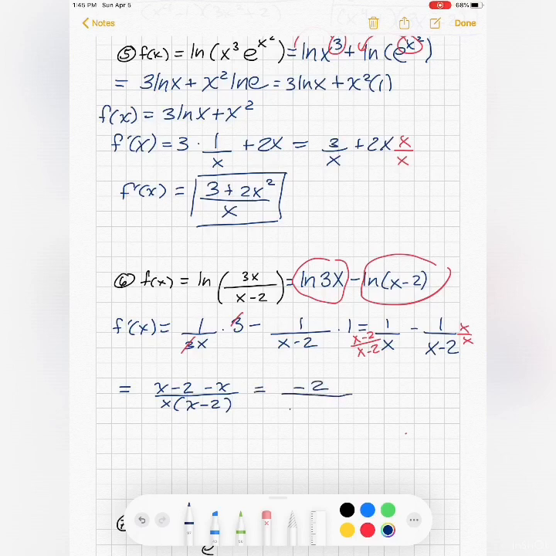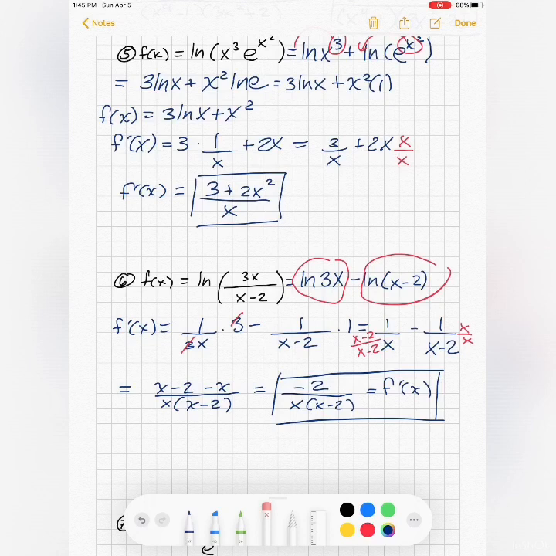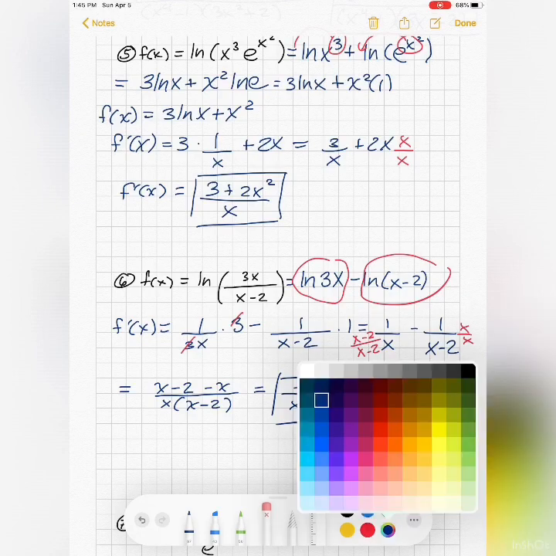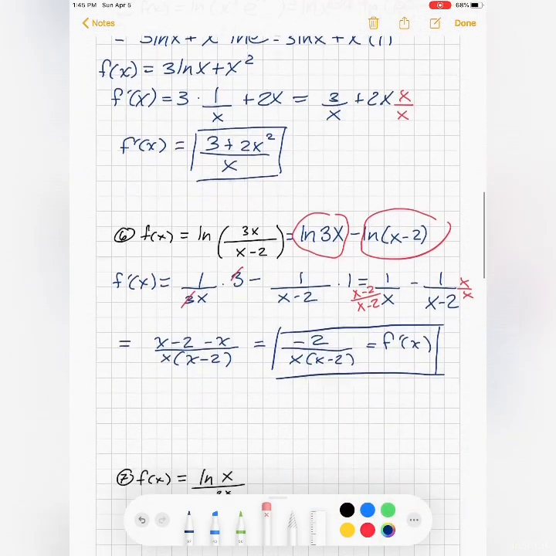Negative 2 over x, x minus 2. Looks like that comes out pretty nice.